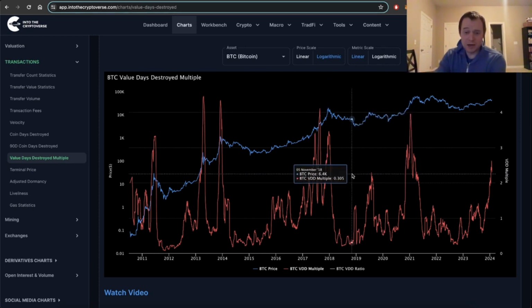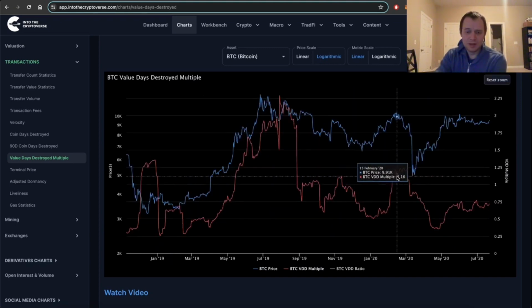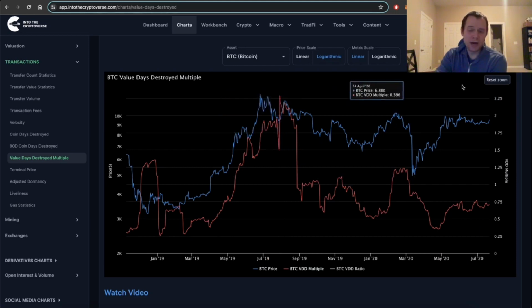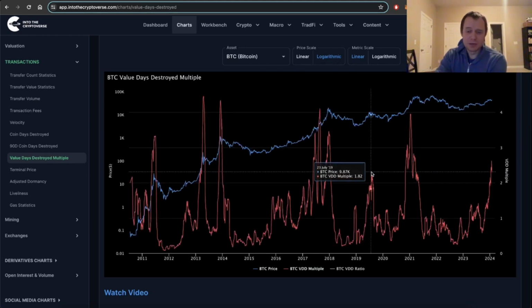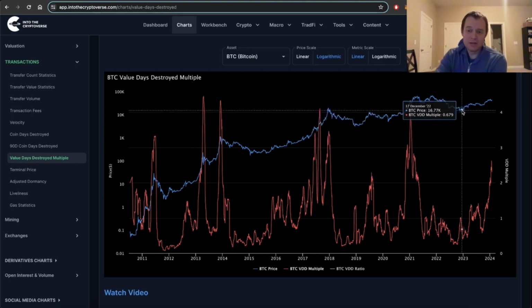You also might know that there was a 2019 move that topped out at only 2.29, right? So we've actually gone beyond where it went in 2019, despite the fact that price in 2019 from the bottom went up more than it has so far since this low, right?